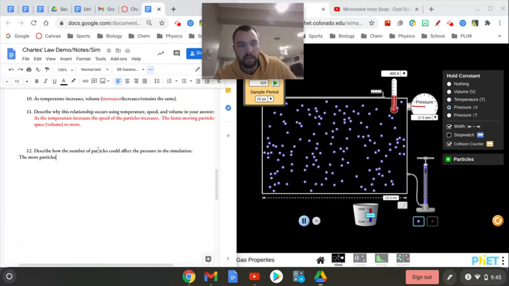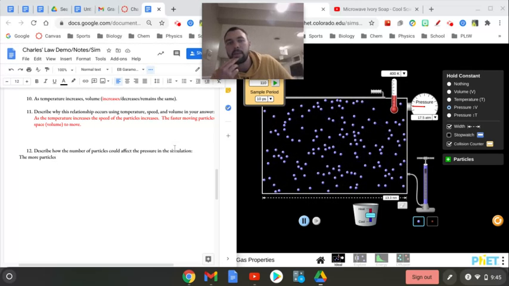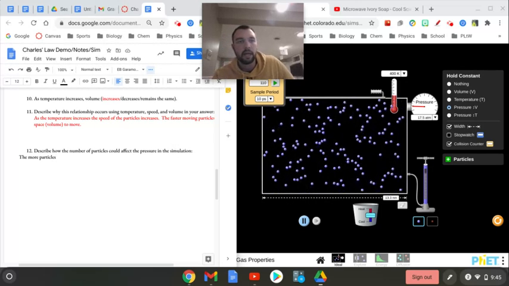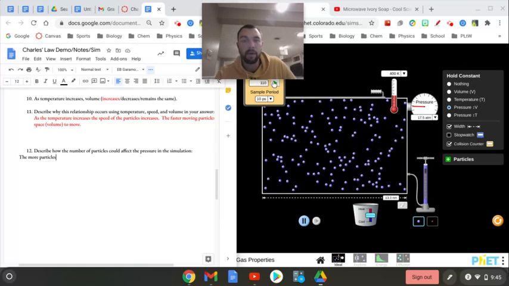Describe how the number of particles could affect the pressure in the simulation. Well, we talked about pressure briefly in the beginning. I won't pull that slide up, but pressure is the amount of collisions.